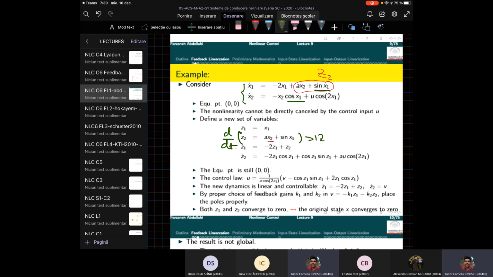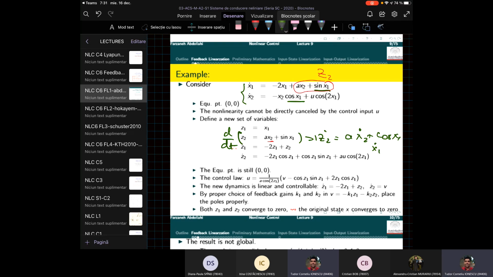So then Z2 dot is ax2 dot, plus cos x1 times x1 dot. True?